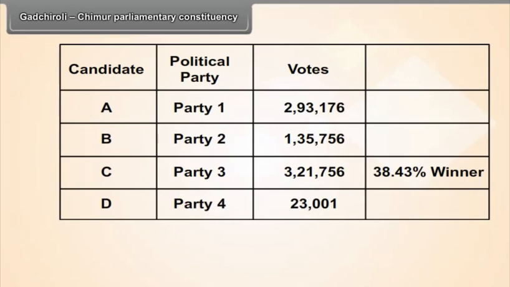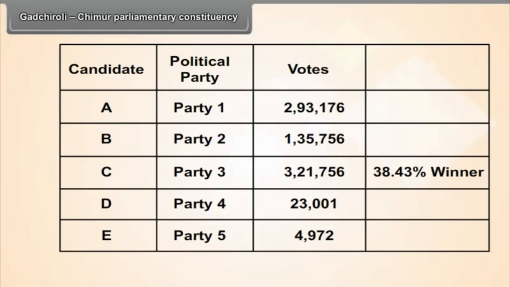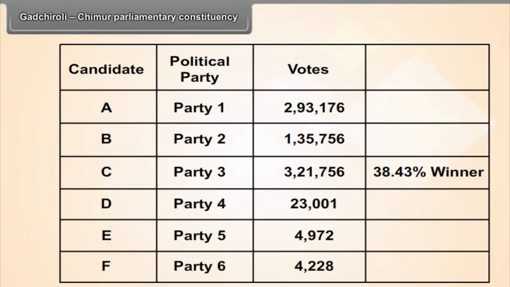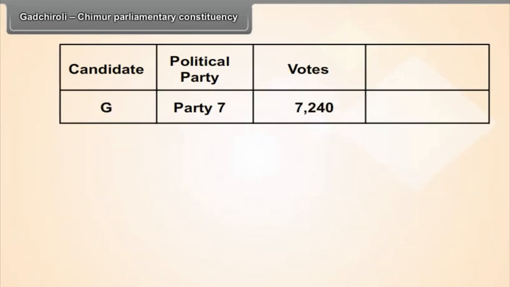Candidate D, Party 4, 23,001 votes. Candidate E, Party 5, 4,972 votes. Candidate F, Party 6, 4,228 votes. Candidate G, Party 7, 7,240 votes.